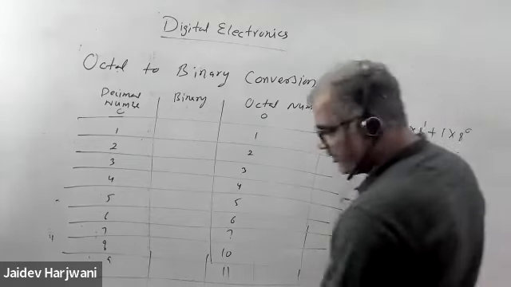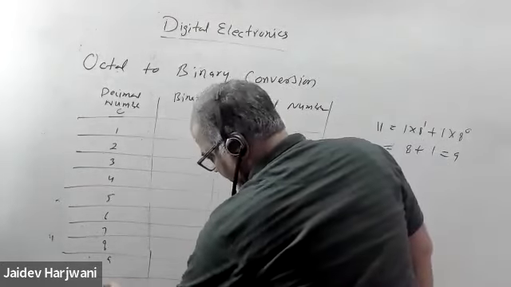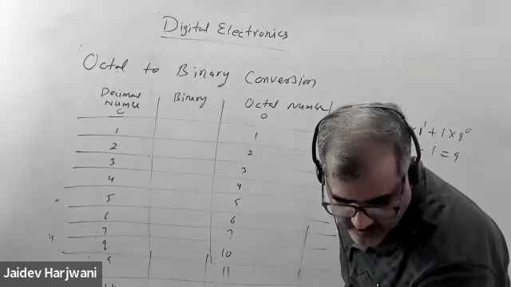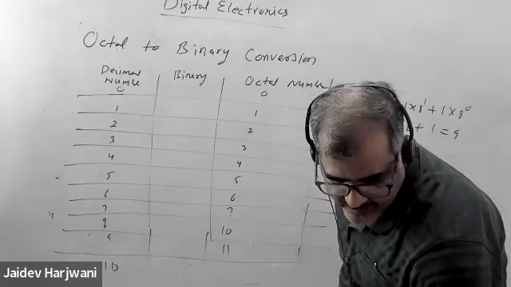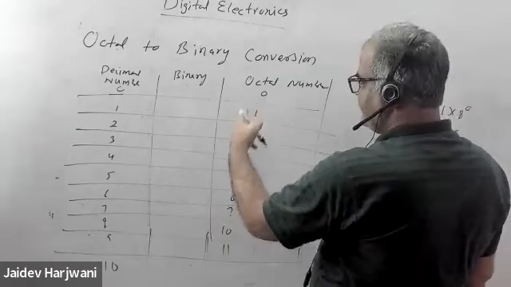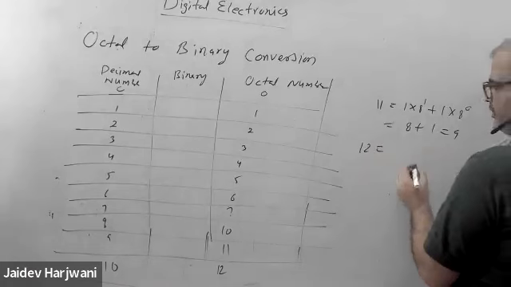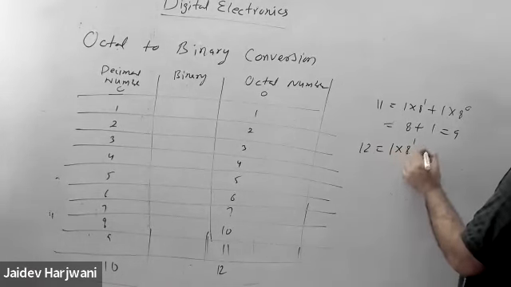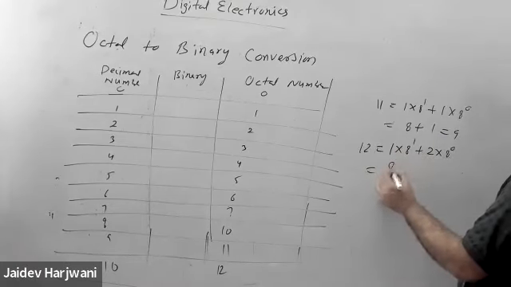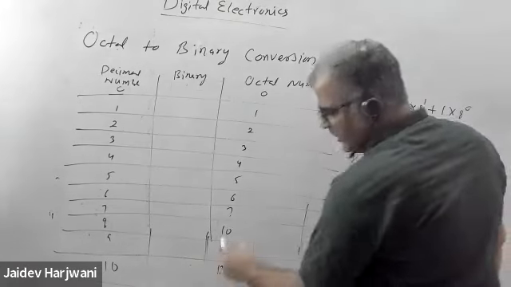Similarly, if you want to write 10, you can write 12. That is 1 into 8 power 1 plus 2 into 8 power 0, which is 8 plus 2, that is 10. So 10 is equivalent to 12 in the octal number system.